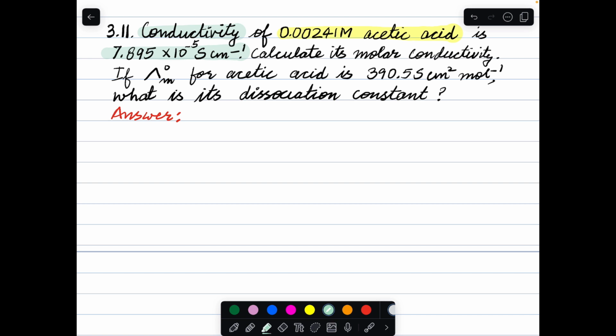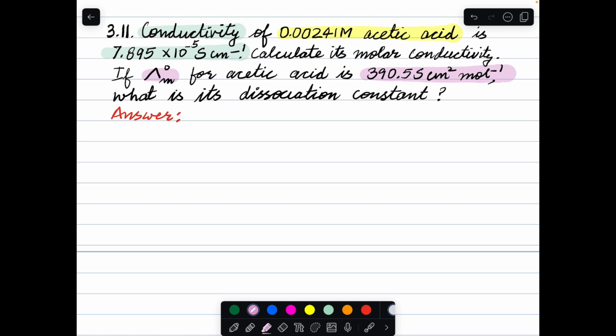And the third information given to you is the molar conductivity at infinite dilution, which is 390.5 Siemens centimeter square per mole.